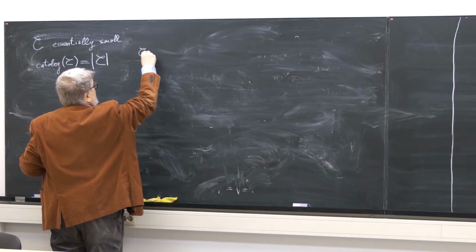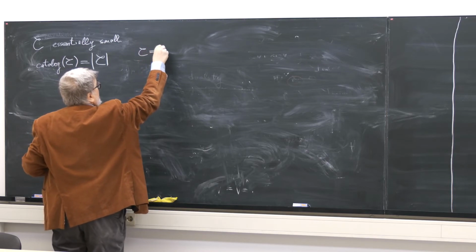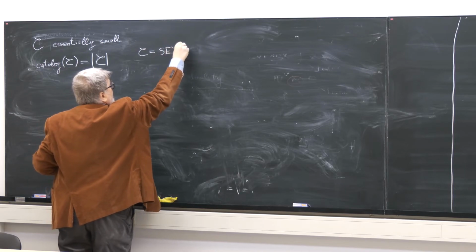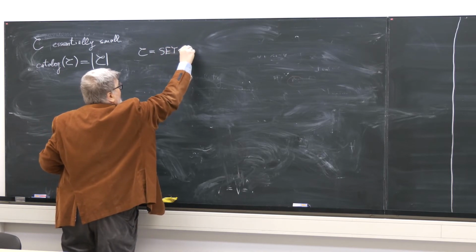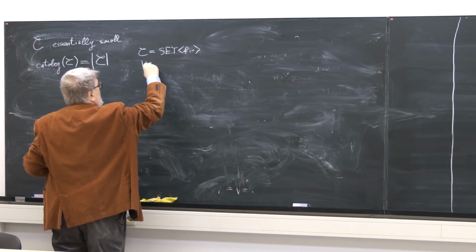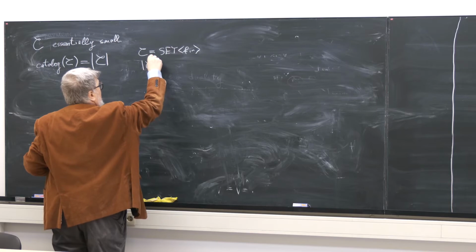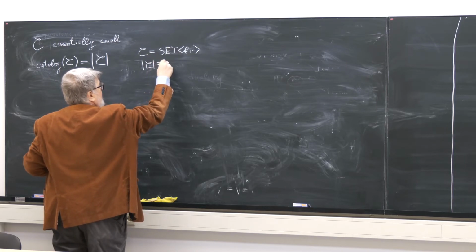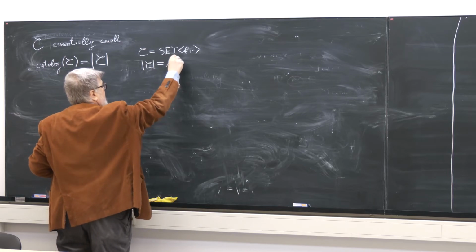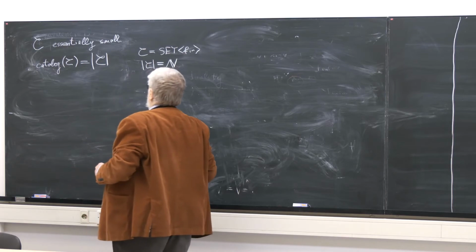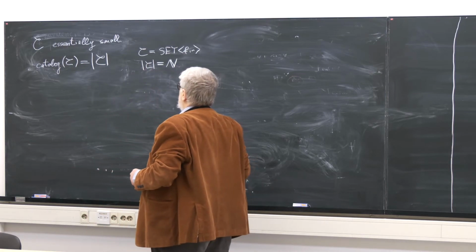So if C is the category of finite sets, then the absolute value of C is, let me write now just the equality sign, you can think why it is possible, the set of natural numbers.